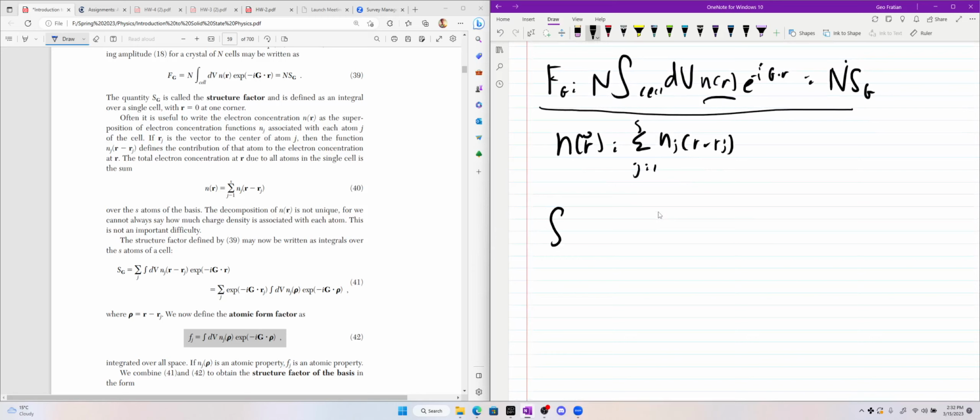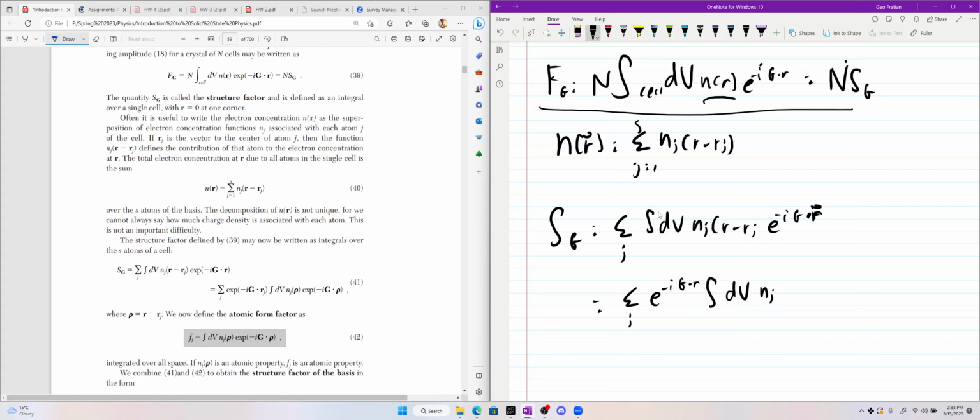S of G is equal to the sum over j of the integral over the cell dV of n_j of r minus r_j times e to the negative i G dot r, which equals the sum over j of e to the negative i G dot r_j times the integral dV of n_j of rho times e to the negative i G dot rho, where rho is defined as r minus r_j.